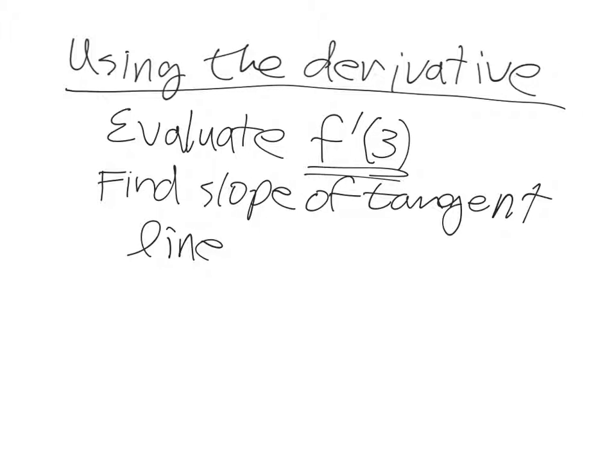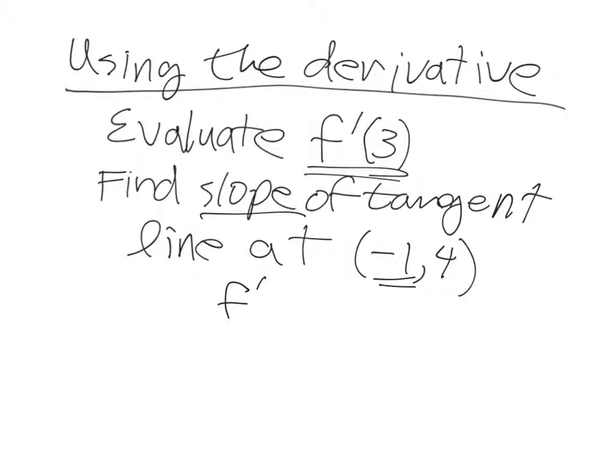Then, if you're given, say, some point, well, to find the slope of the tangent line, what we do is take the x value of the point and plug it into the derivative. So the slope of the tangent line is basically evaluating the derivative function at our x value.